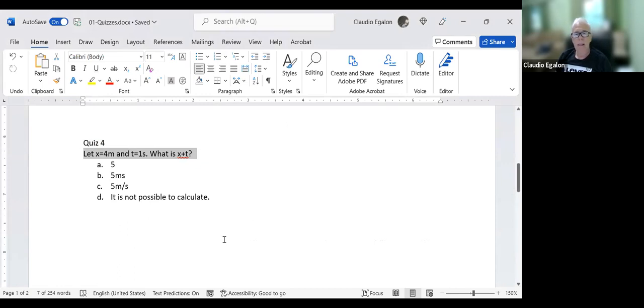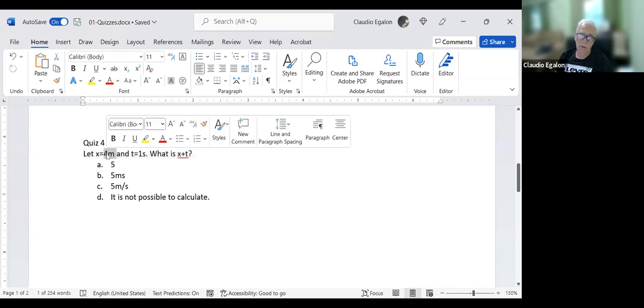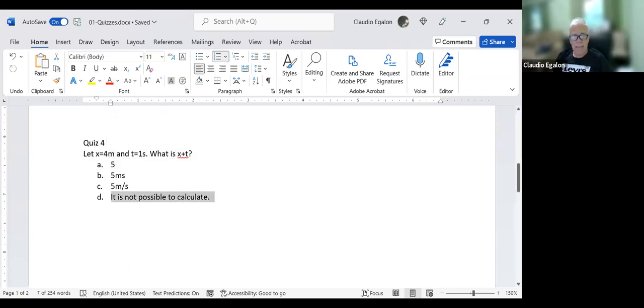Can you sum x with t? They have different units. Just like I mentioned at the beginning, quantities that have different units cannot be summed nor subtracted. They can only be divided or multiplied, okay? So the correct answer should be D. That would be the correct one.